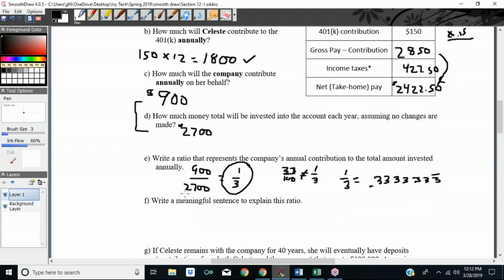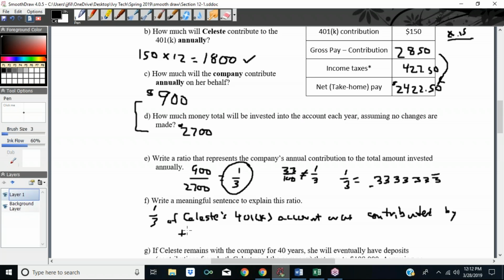And so we can say something like 1/3 of Celeste's 401k account was contributed by the company. So there would be our meaningful sentence.